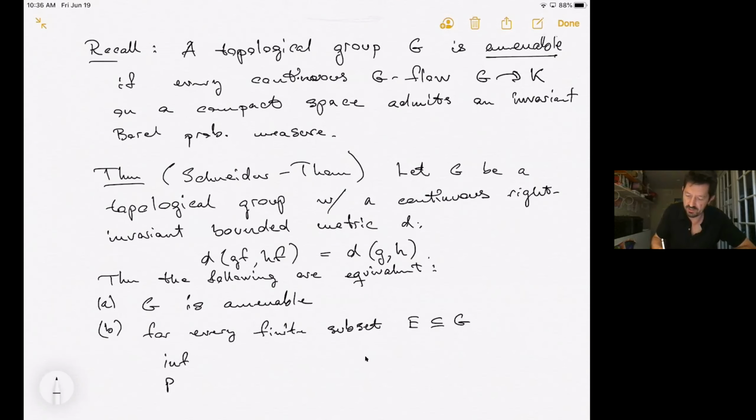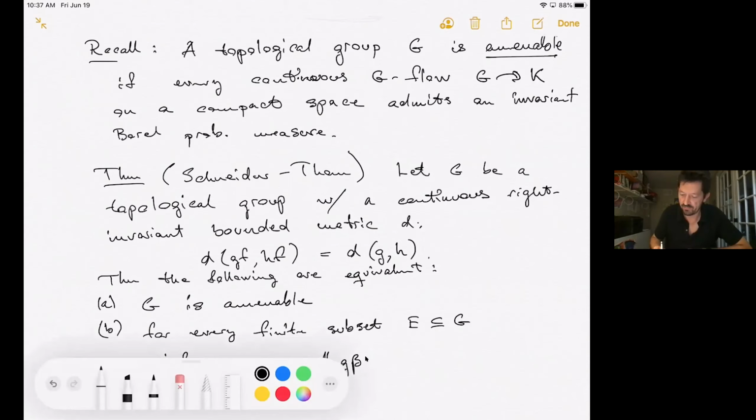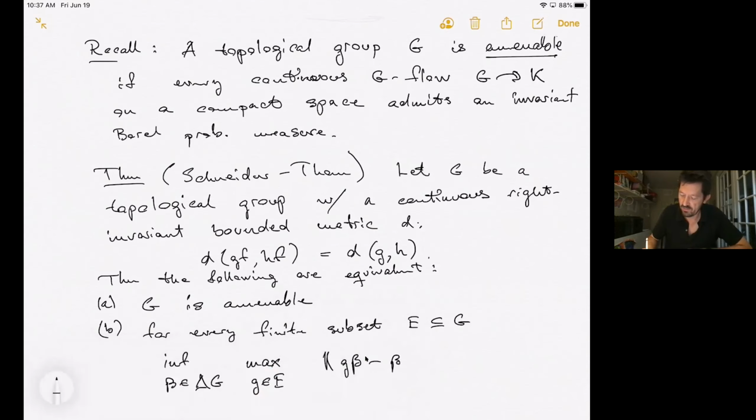So what you want is an element of the Arens-Eells space δ(G) which is almost invariant under all these finitely many elements. Recall that δ(G) is a part of the group algebra, so I can multiply elements in δ(G). In particular, I can multiply them with the Dirac measures, so I think of G as being Dirac measures.